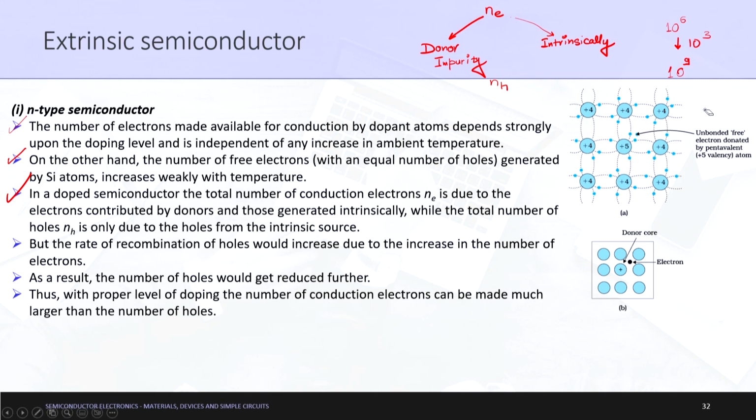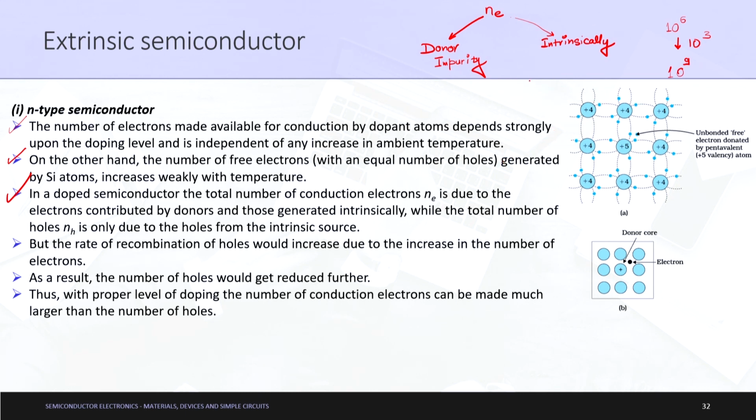Holes will only be created when any of these electrons are imparted due to thermal excitation and a hole is generated. Hence, what we can understand from this portion is that the number of holes being created is only and only due to the intrinsic source.